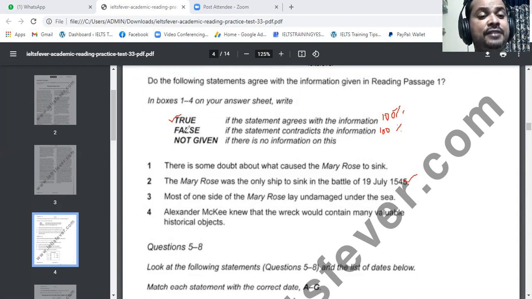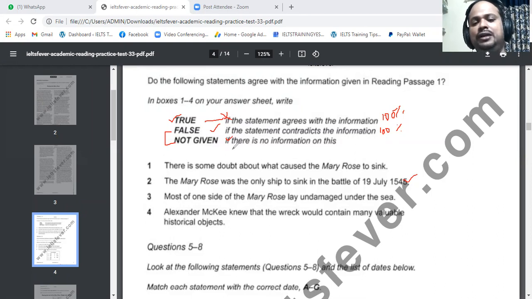So that is the first option. If you are going ahead with true first, and if you cannot make it 100% true, then the answer may be false or not given. So you have to find one more thing here.